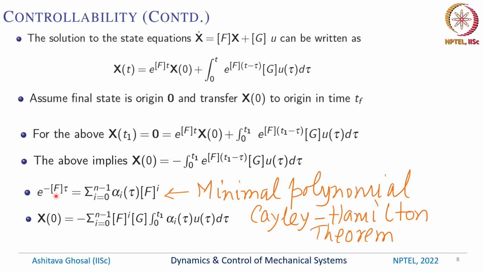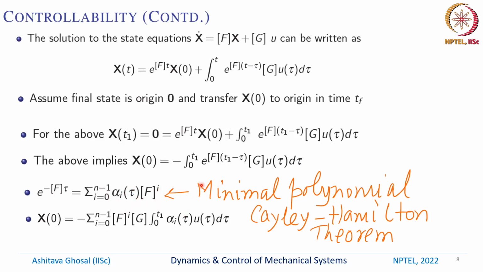So e to the power F tau is I plus F tau plus F squared tau squared divided by factorial 2 and so on. That infinite series can be represented as a minimal polynomial, the sum from i equals 0 to n minus 1 of alpha i of tau into F to the power i.